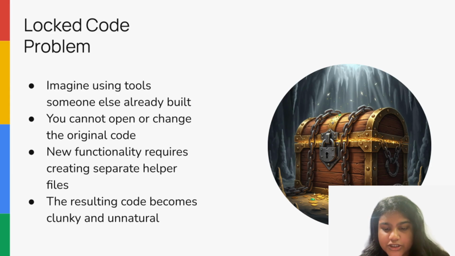You have to stop your logical flow to find the helper file. And the second problem that it faces is readability. It reverses the natural subject verb order. Instead of data.process(), we are saying processor.process(data). We want to eliminate that friction. We want to unlock the door without breaking the lock.